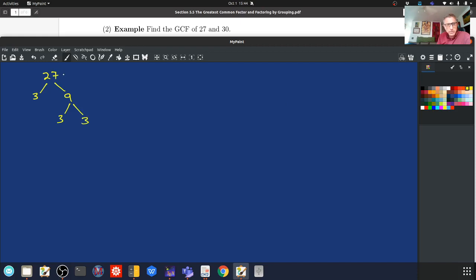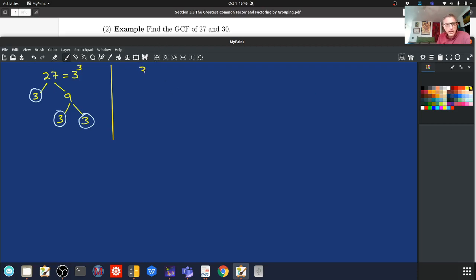So it turns out 27 is equal to 3 cubed. And if you have the prime factorization of a number, you don't even need to use the table. This kind of factor tree is how you get the prime factorization. And I'll show you just how that's done without the table in just a second. Some people like the table. Some people want to do it as quickly as they can.